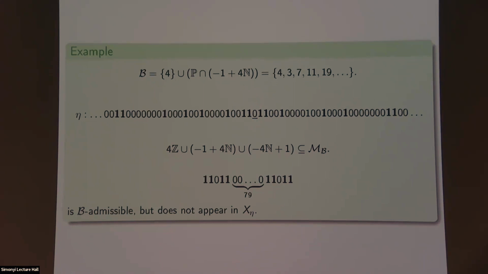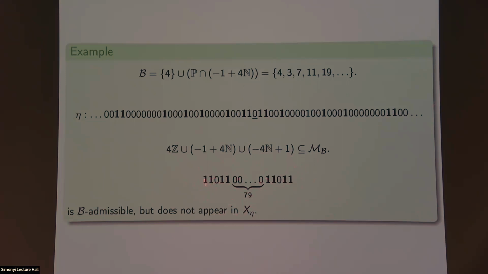But it is an elementary observation that, of course, all numbers divisible by 4 are multiples of B, but also all positive numbers which are congruent to -1 and all negative numbers which are congruent to 1 are also multiples of B. And this observation yields that this block, consisting of 89 entries, does not appear in X_eta.